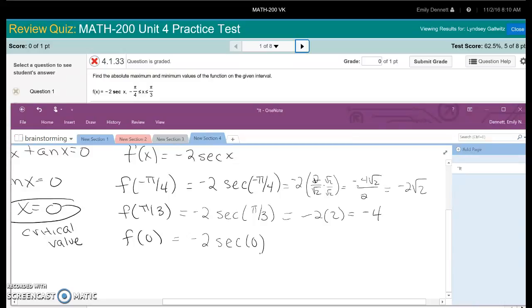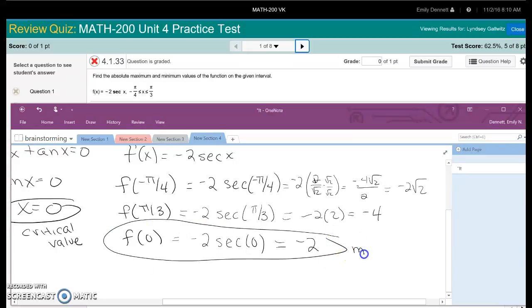Cosine of 0 is 1, so flip 1, it's still just 1. So here we'd get negative 2. Okay, so negative 2 is actually our maximum here. It's the largest value. So we'd say a maximum of negative 2 at x equals 0. And negative 4 would be our minimum value at pi over 3.